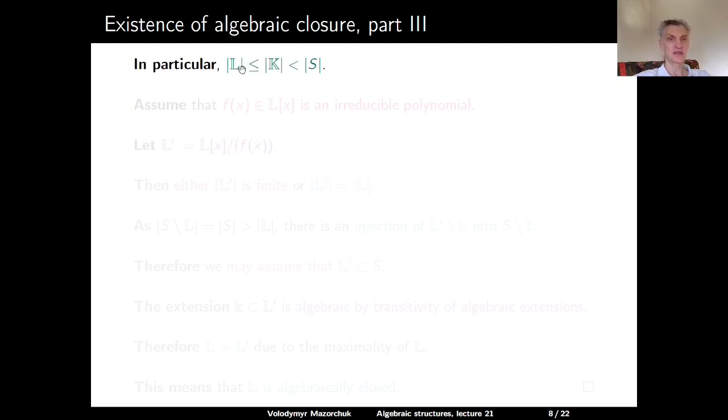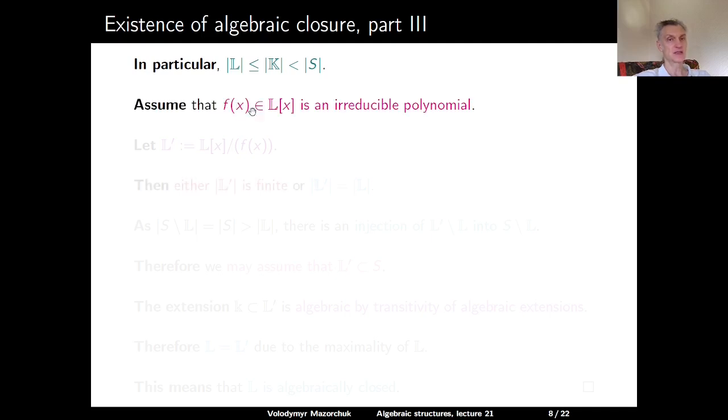In particular, since L is an algebraic extension of K, the cardinality of L is at most the cardinality of the capital K, and this is strictly smaller than the cardinality of S.